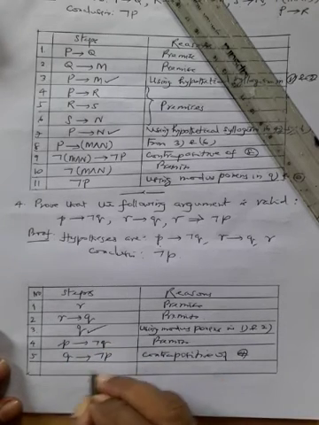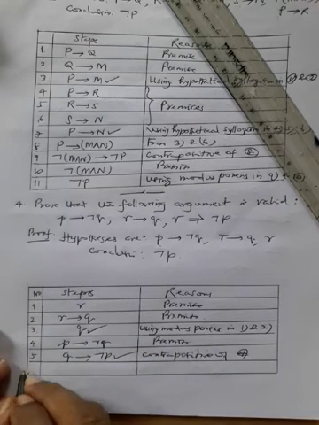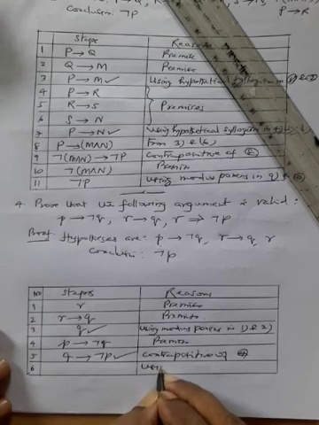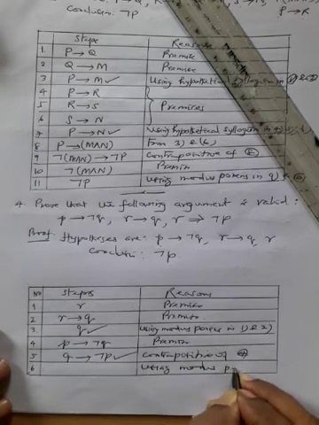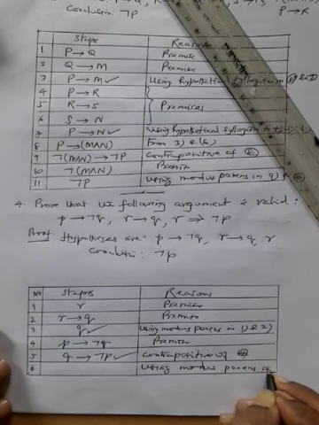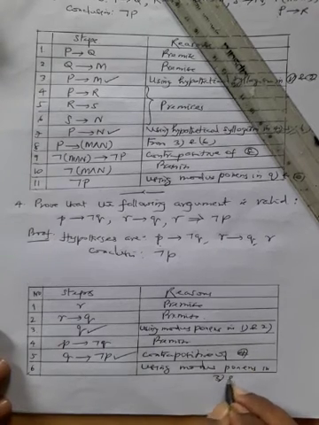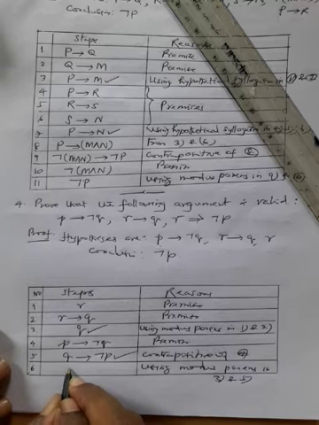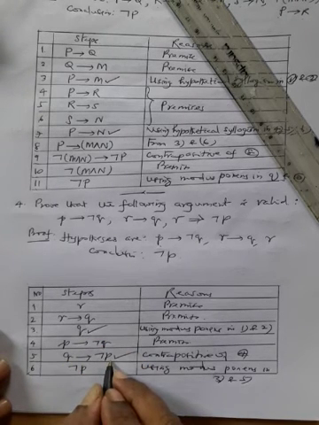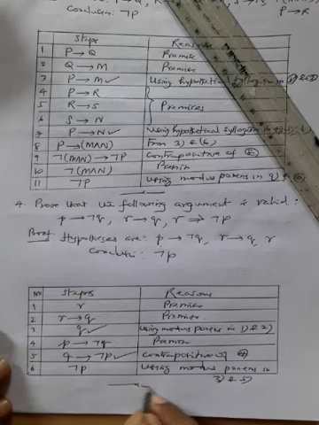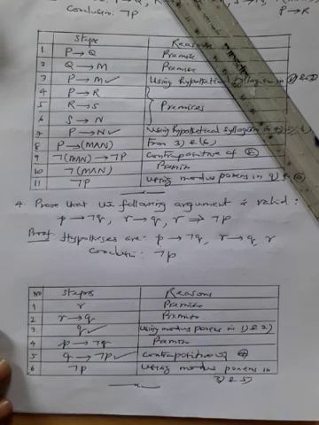Now you have Q and you have if Q then negation P. So using modus ponens in 3 and 5, we get negation P. Negation P is the conclusion. This completes video 25.